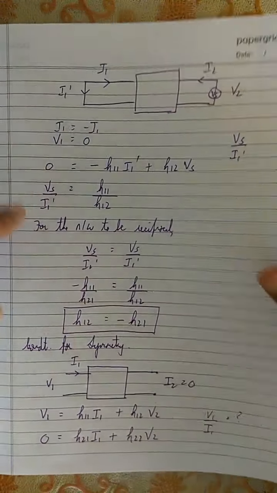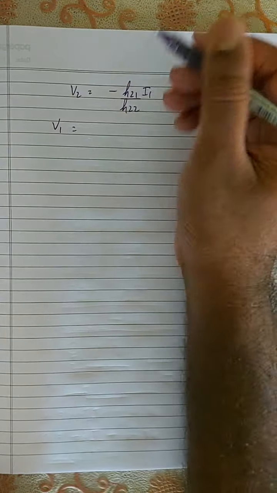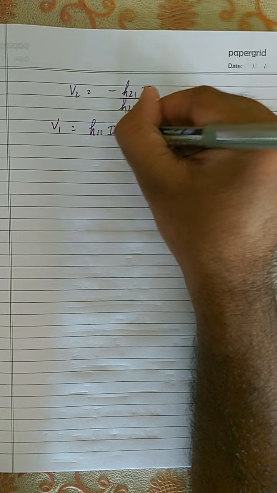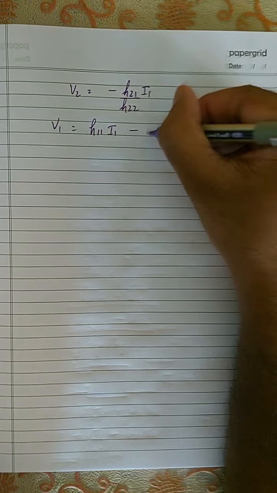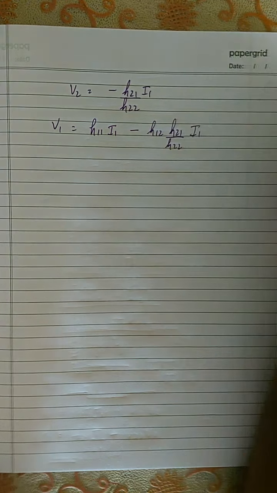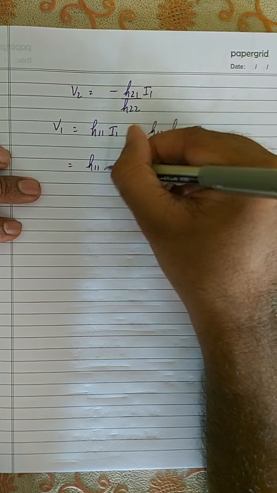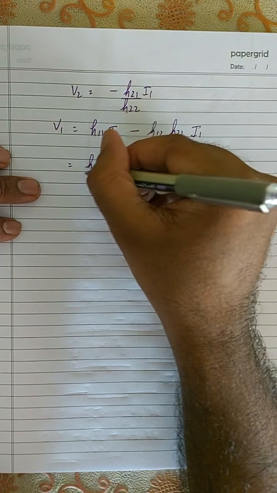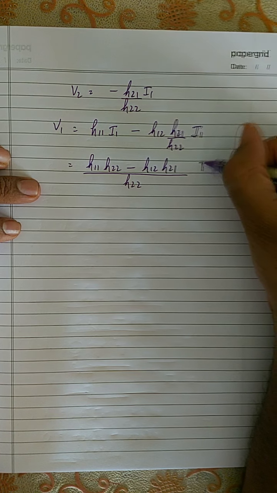So substitute this equation over here. I will get the equation for V1 by I1. So V1 is equal to H11 I1 minus H12 H21 by H22 I1, or in other words this will become H11 H22 minus H12 H21 by H22 into I1.